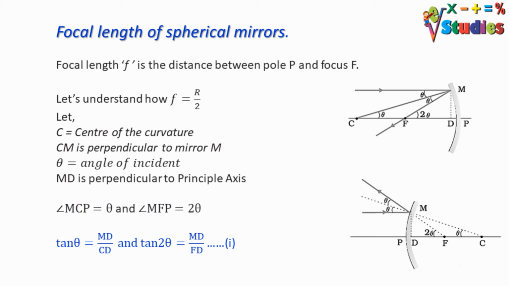Here, students, as you know, for an acute angle in a right angle triangle, the ratio of the opposite side to the adjacent side is tan theta. We can say here that tan theta is equal to MD upon CD, and tan 2 theta is equal to MD upon FD. We'll give this equation number 1.